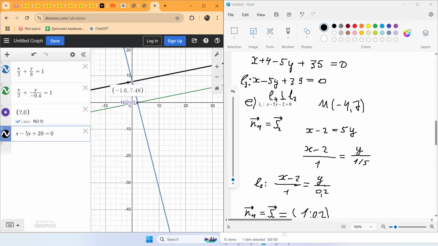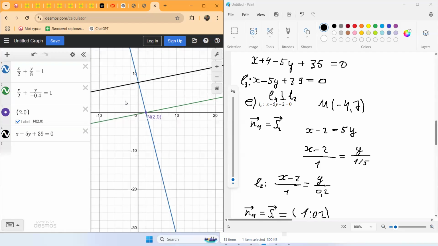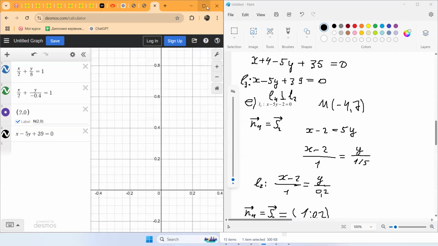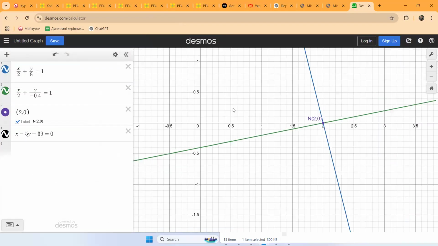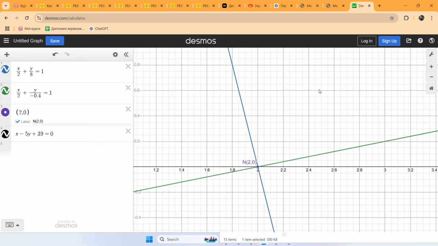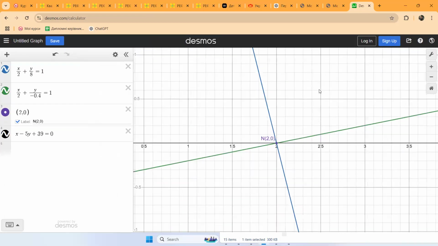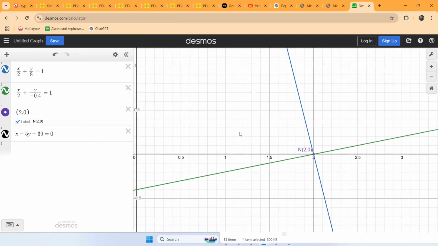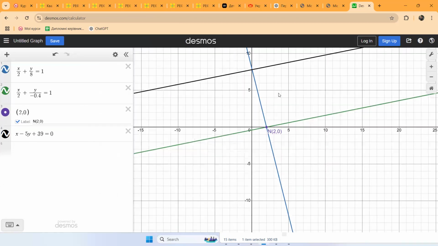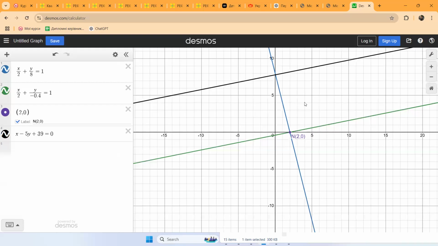So here it is. Such scaling. It's such sensitive scaling. I don't like it, but a good demonstration of graphs.